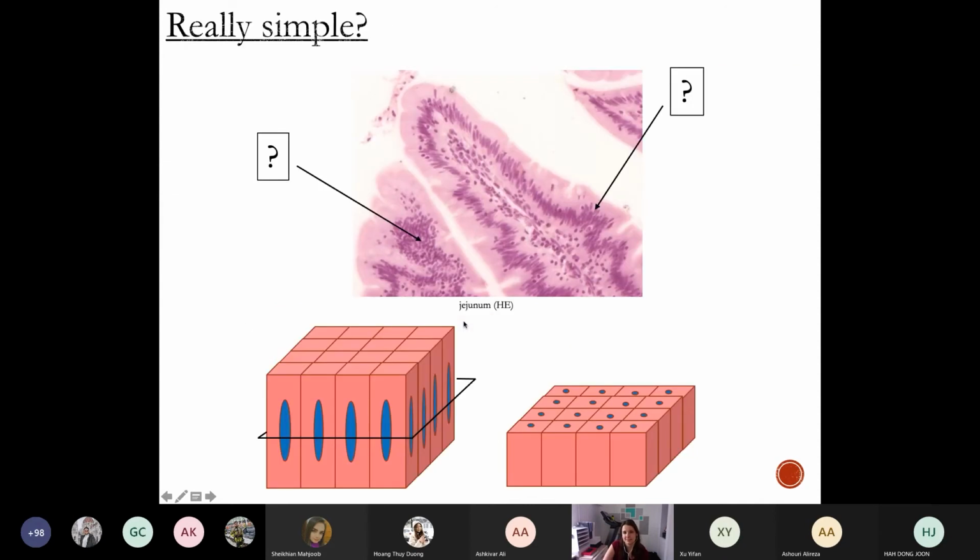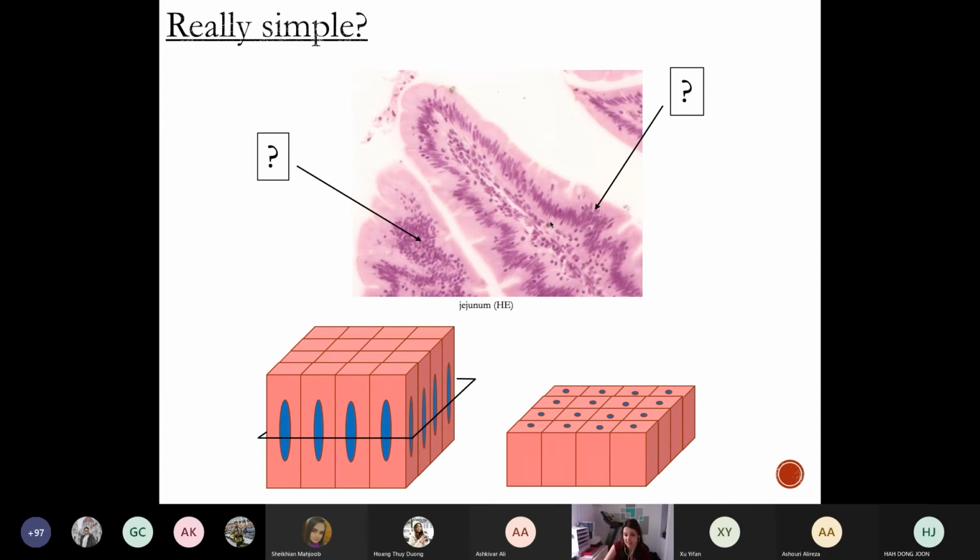Again about the planes of cut, which can be very different. If there is a simple epithelium, there is a way to make a cut where a simple epithelium would look stratified, where the nuclei won't be visible in one row, but in many rows above each other, as if it would be a stratified epithelium.